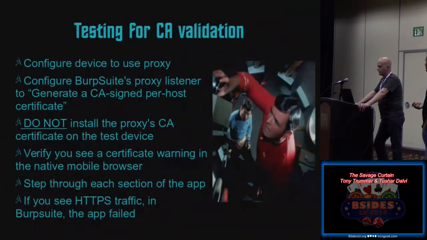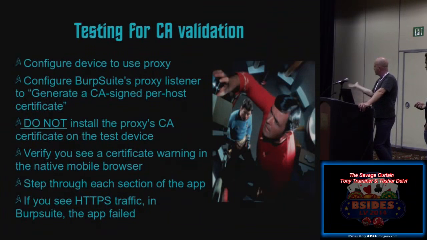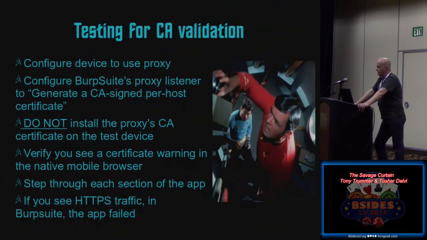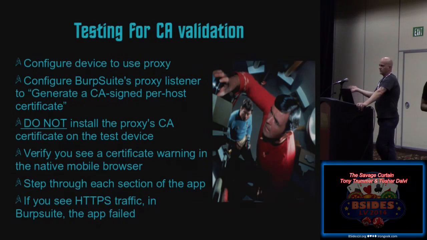So, moving on. If it wasn't clear, if you don't know how to test for this, call Scotty and he'll tell you. We'll be posting this on a site we put up, secbro.com. Don't worry if you can't write this down, but basically you can just use Burp Suite out of the box with the default proxy settings. It generates a dynamic certificate signed by its CA to match whatever host name you're trying to reach.